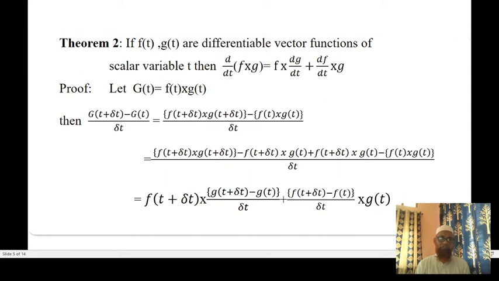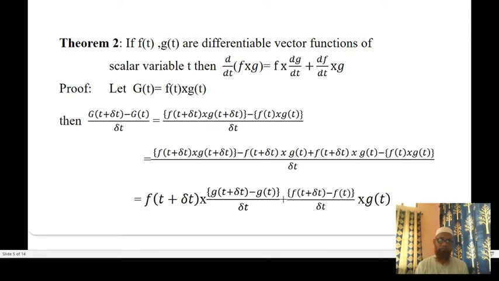Proof: let capital G of t equal f of t cross g of t. By the definition of derivative, G of t plus delta t minus G of t divided by delta t is equal to f of t plus delta t cross g of t plus delta t minus f of t cross g of t divided by delta t.